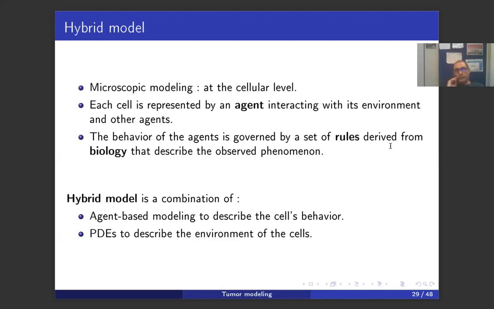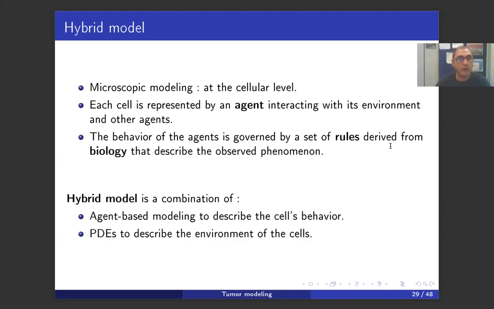Each cell is represented by a patch and is in relation with the other agents and with its environment. The behavior of the agents is governed by a finite set of rules deriving from biological conditions that describe the phenomena.